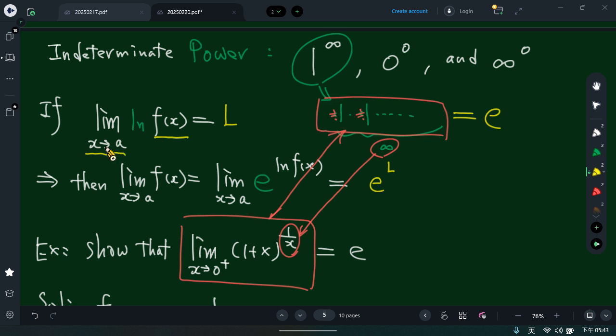But eventually, you still want to get the limit of f of x. So this is process 1, but you need to get it back. This is still your target, your goal. You want to get this one. So finally, you need to use e to make it back.